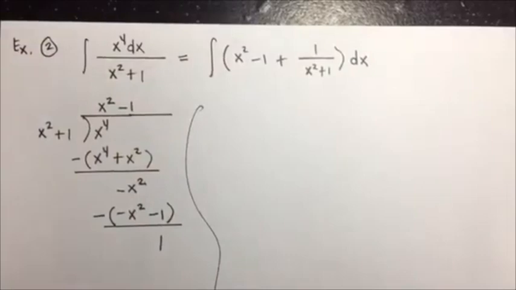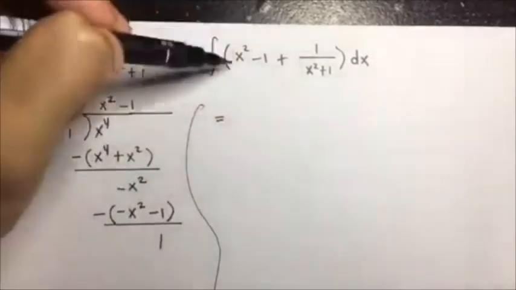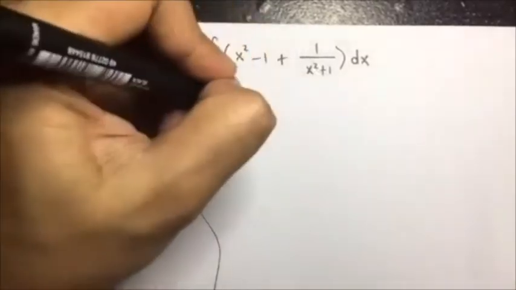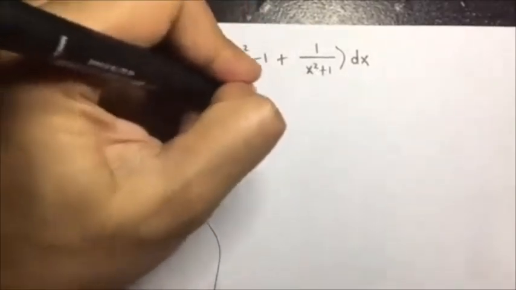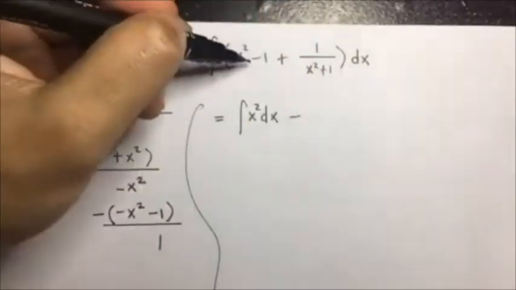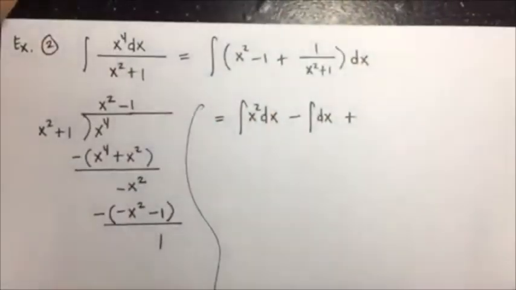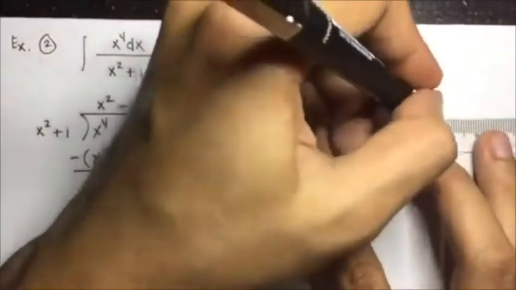Using our properties of integration, we can integrate each term, so we will have the integral of x squared dx, and then minus, 1 times dx, so minus the integral of dx, and then plus the integral of dx over x squared plus 1.